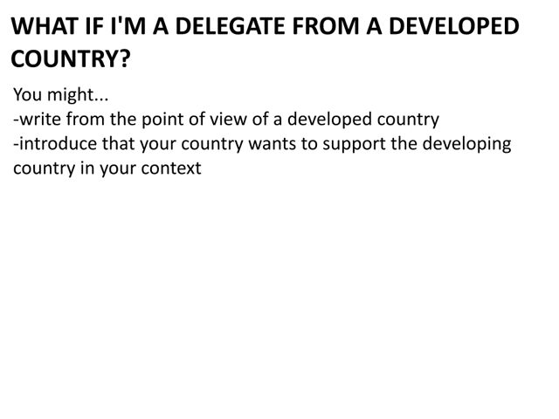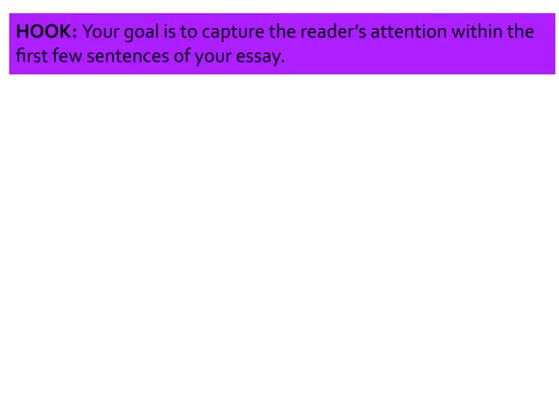You also might think about introducing how your country, how Japan or how Sweden wants to help the developing country in your context. So when we get to the context section, you might include a little bit about your developed country there. Okay, so let's get started. If you're not a delegate from a developed country, don't worry about it. Just ignore that section.